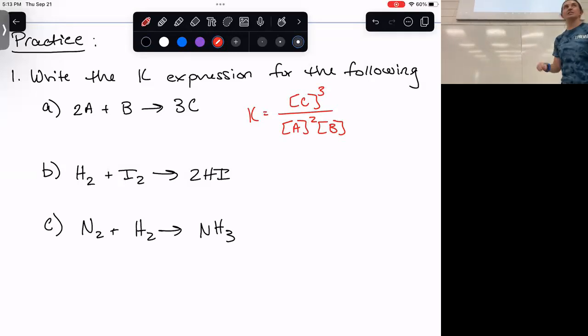So we didn't talk about this before I introduced it, but when you're given a chemical equation, as long as it's balanced, you can use the coefficients in front of your reactant or product as the exponent. So here 2A means we have a stoichiometric coefficient of 2. That means in your expression, the concentration of A will be squared, because for every 1 mole that B changes, A will be changing by 2, so your concentration will be off by a factor of 2.